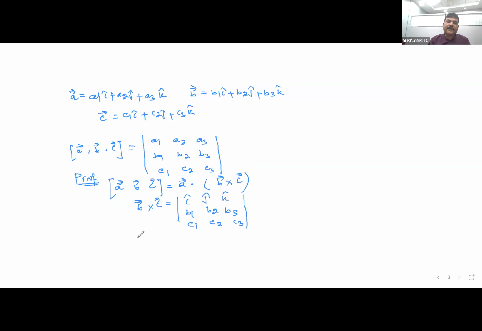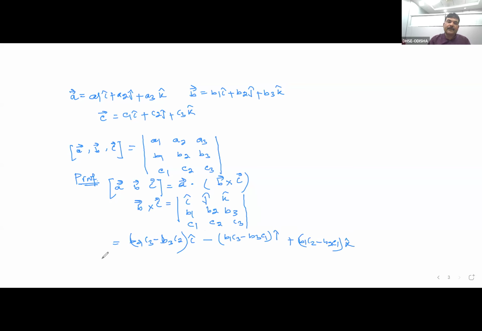So if we expand this determinant along the first row, it will be B2 C3 minus B3 C2 into I cap, minus B1 C3 minus B3 C1 into J cap, plus B1 C2 minus B2 C1 into K cap.